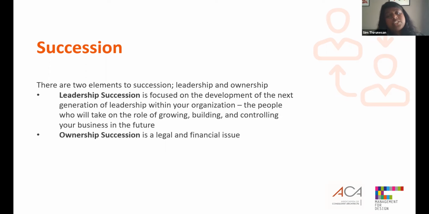The biggest challenge of ownership succession is how to make ownership attractive. Younger talent may not be interested or able to even buy into a firm. A culture must be fostered to create a mindset of ownership, meaning opportunity rather than a hindering commitment that talent doesn't want to take on.